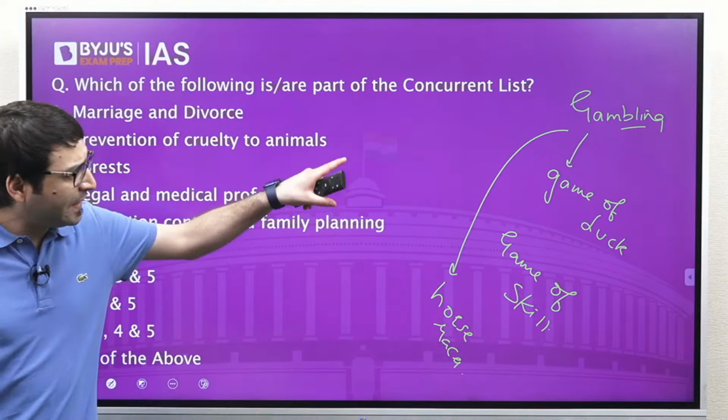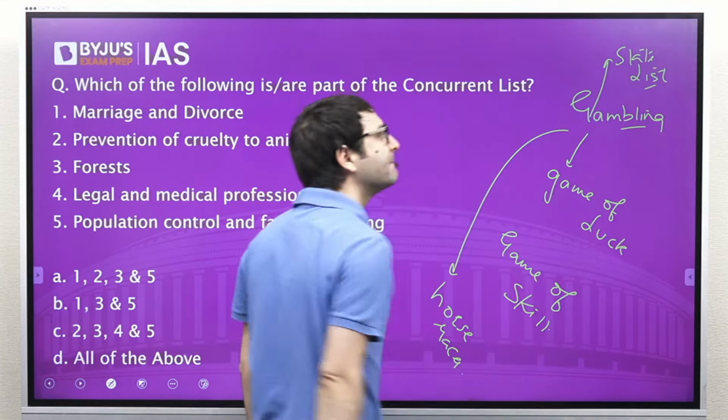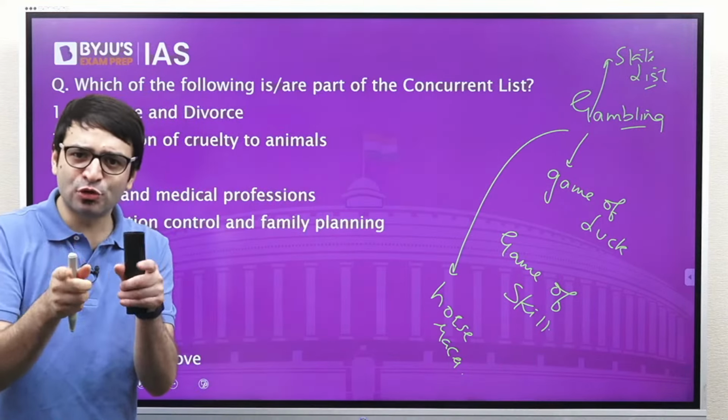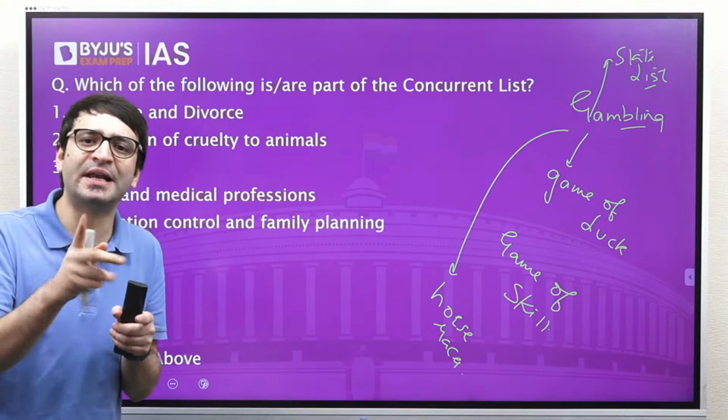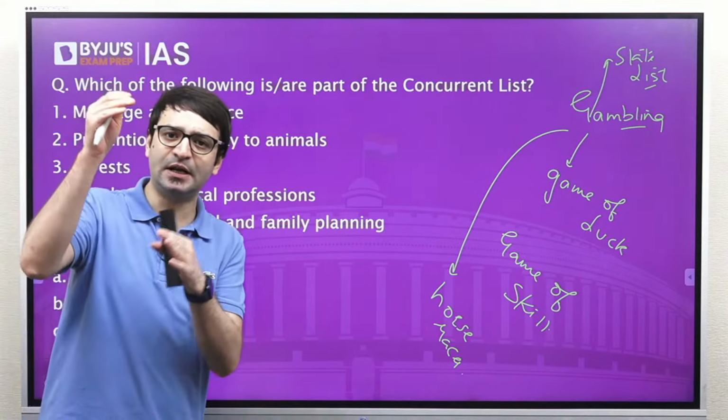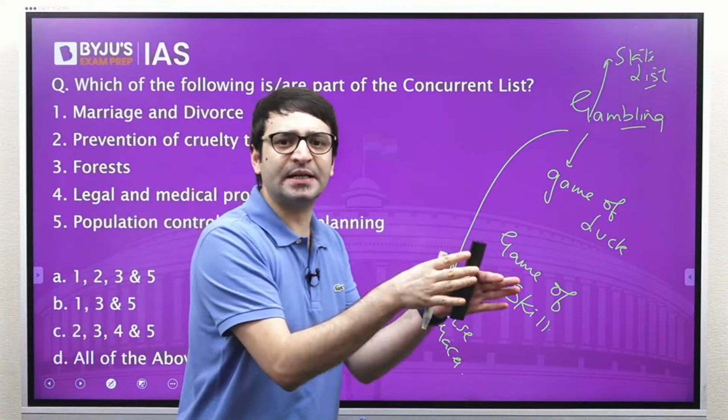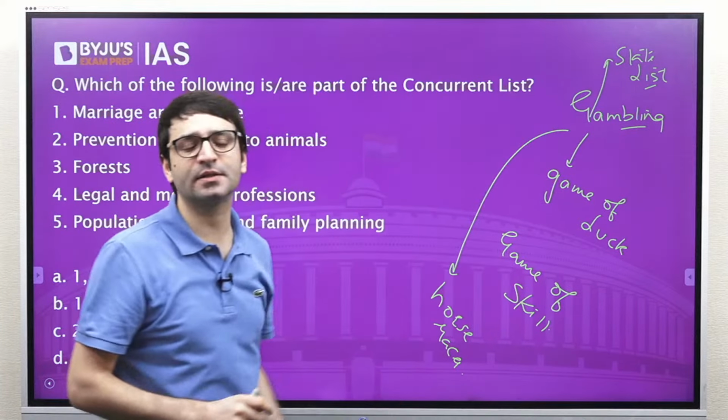But when it comes to gambling, gambling comes under state list. So gambling is in the news, so you have to be absolutely clear who has the power to make a law on gambling. Is it the power with the center, power with the state, or is it under the concurrent list? It is under the state list.